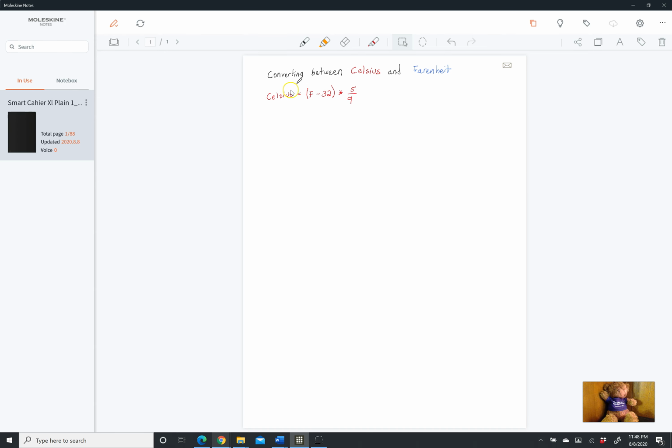And let's actually put this Fahrenheit in blue. Again, the only purpose is just so that you can easily differentiate between the Celsius and the Fahrenheit.